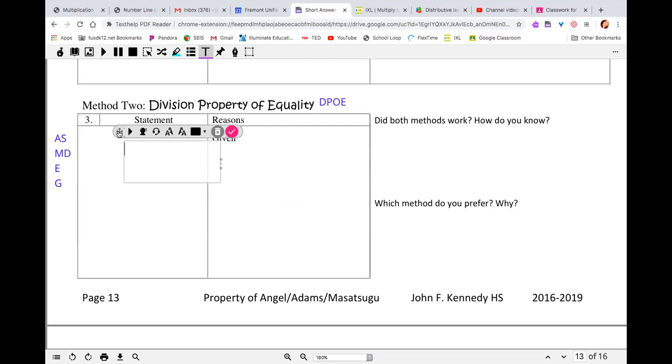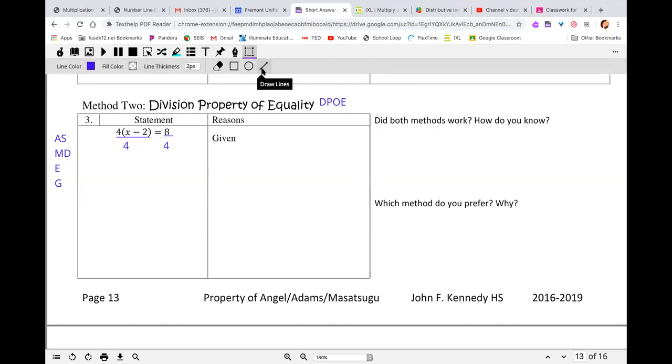So when I am dividing it by 4, what happens to the 4s on this side? They cancel out. They are gone. And then I have 8 divided by 4.